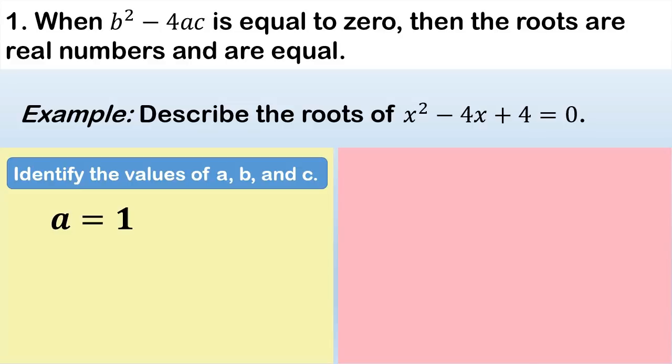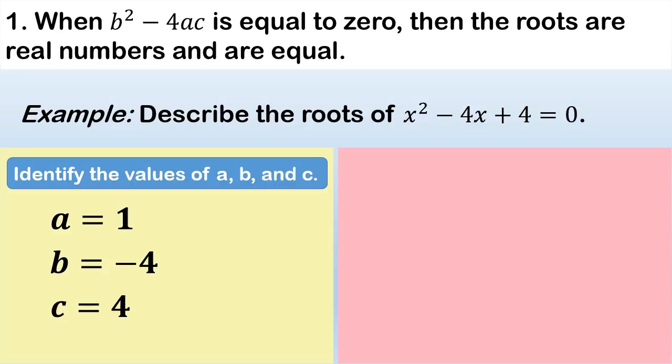A is equal to 1, which is makikita natin sa first term, x squared. B is equal to negative 4, which is nasa second term. And C is equal to 4, which is nasa last term.